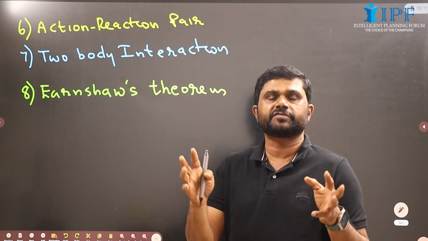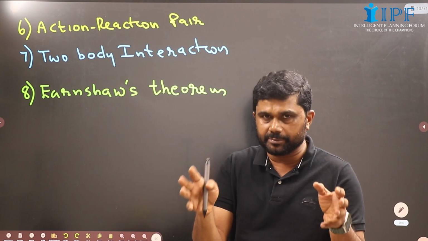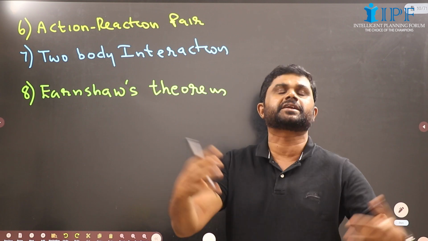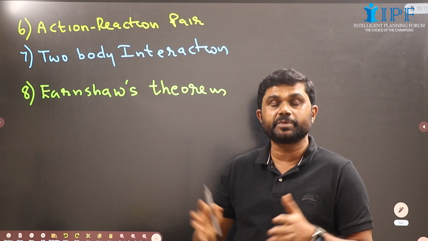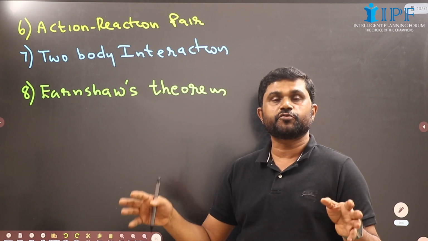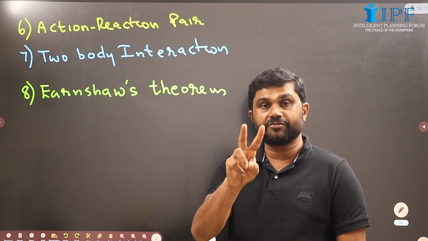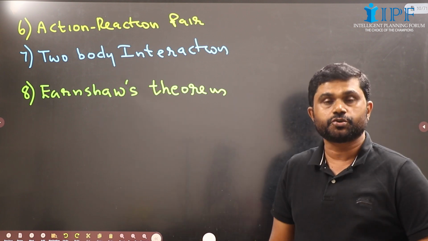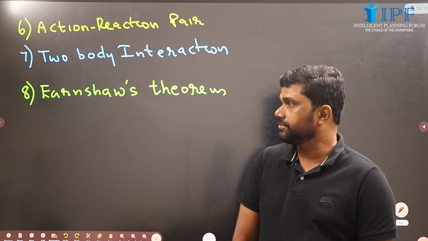Suppose we have three particles A, B and C. The force of interaction between A and B is independent of the presence or absence of a third particle C. If there is particle C, there will not be any change in the force between A and B. If there is no other particle, the force between A and B will be the same. So the force of interaction between two given particles is independent of the presence or absence of any other particle. So we can apply the principle of superposition in the case of electric forces.